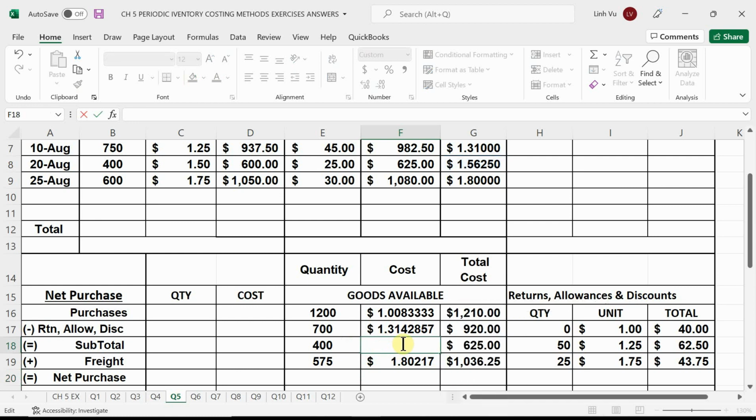Oh, because I copied it from above. Okay, I see. There you go. It's now $1.8017.